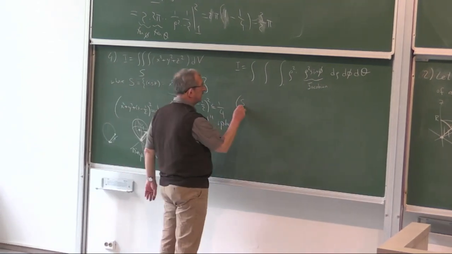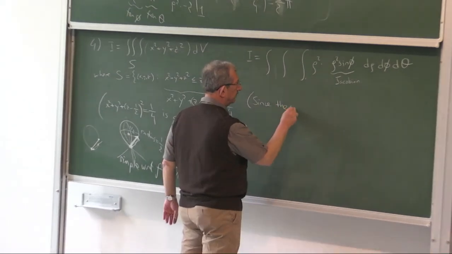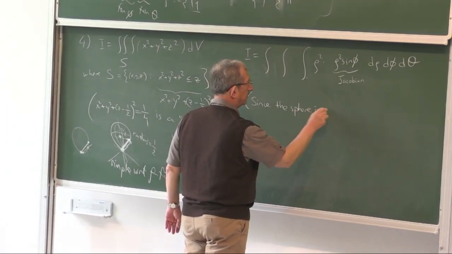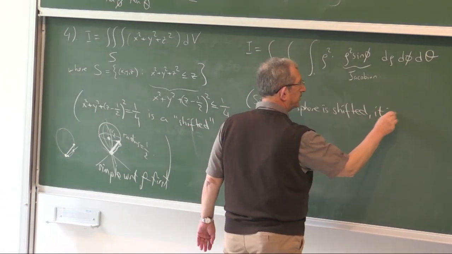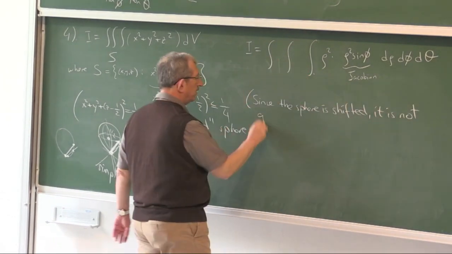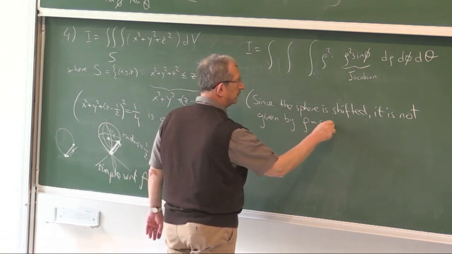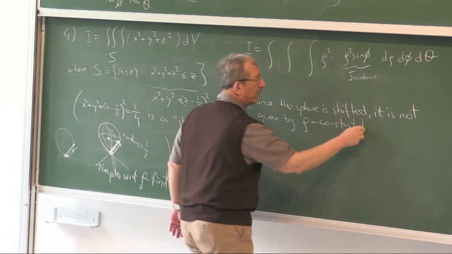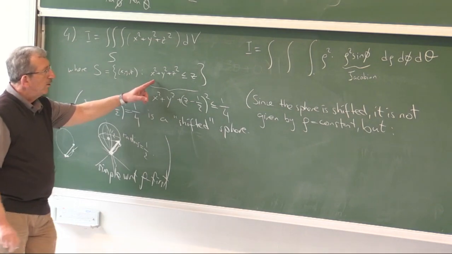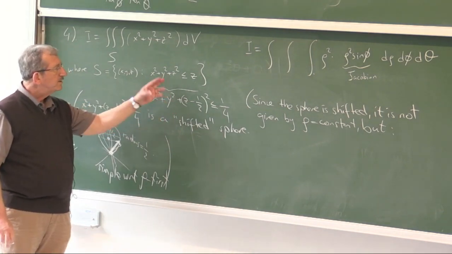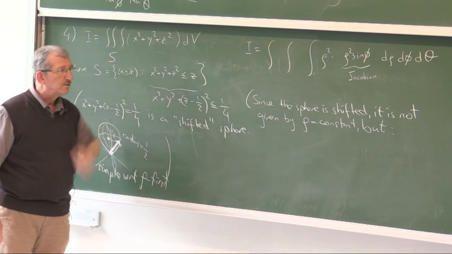Since the sphere is shifted, it is not given by rho is constant. But let us work it out. The sphere is actually the equality that we have here. We don't need to complete it to a square.